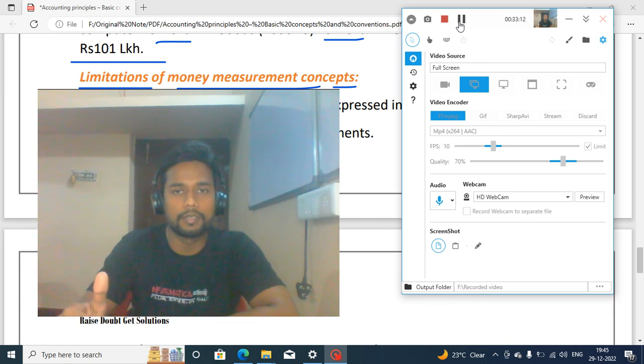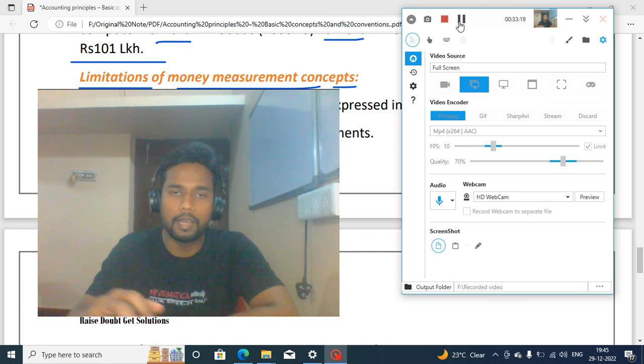Now our asset value has increased, but we are showing 50 lakh. Why is it so? Because the value of money is not stable, it is not constant. Before 5 years it was 50 lakh, now it is worth 100 lakhs. In this way money is not stable.